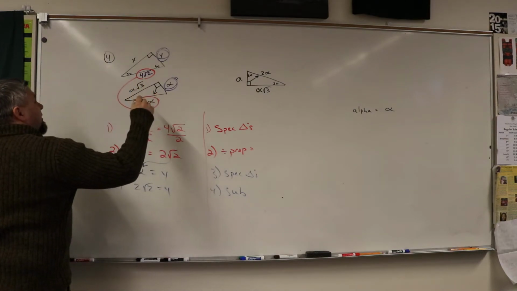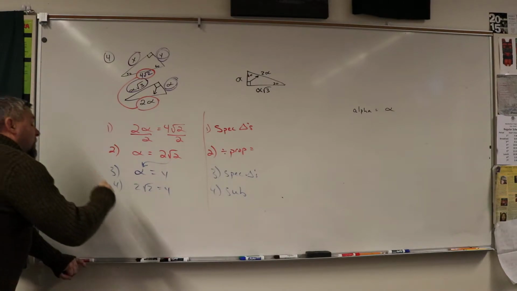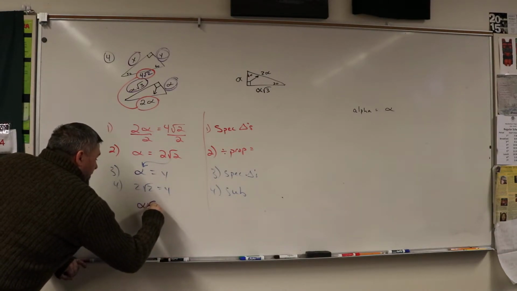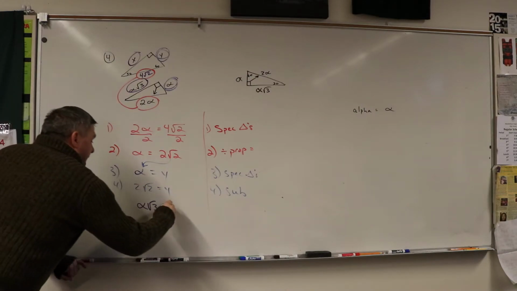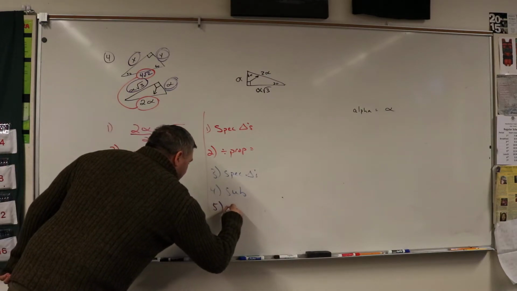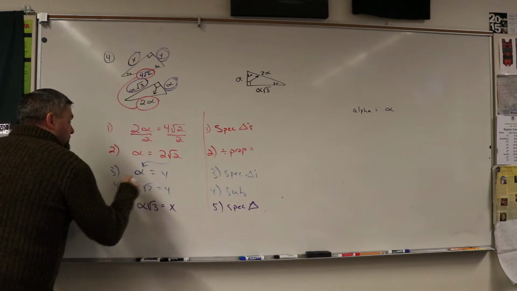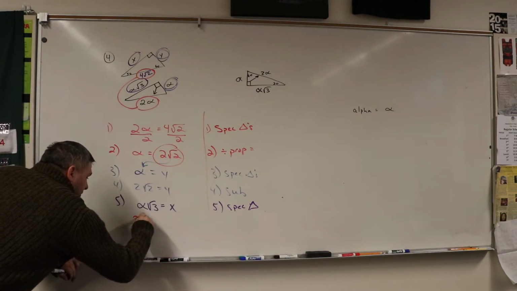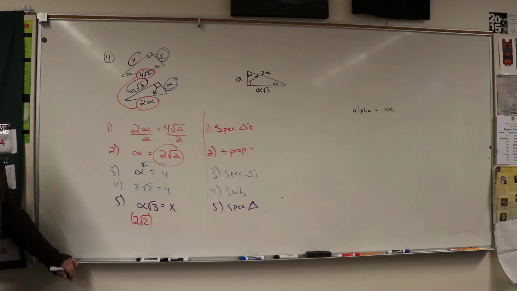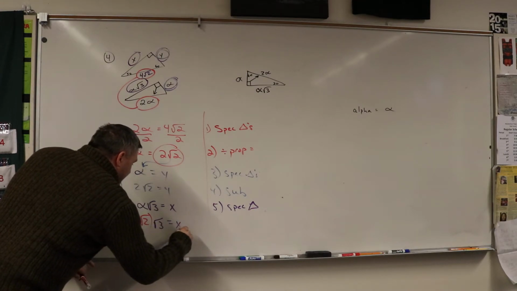And then your last step: these two are equal. So alpha square root 3 is equal to x. But what is alpha? That's special triangles again. 2 square root 2 is alpha, times the square root of 3 equals x.